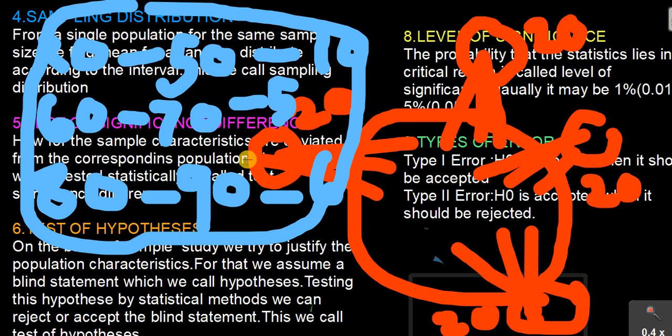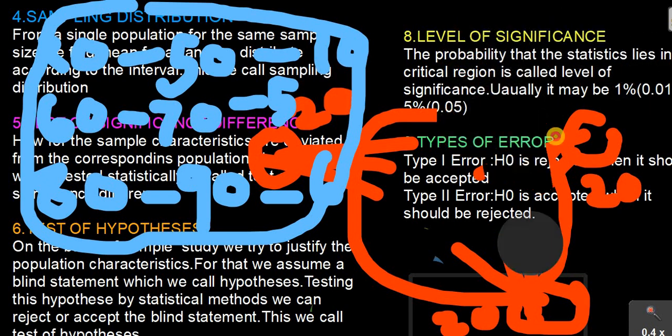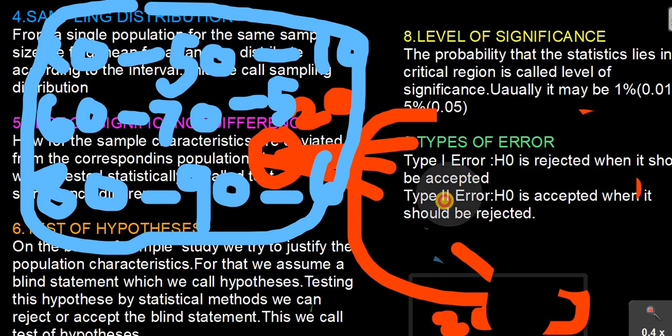So I repeat again: we take a single population, and from it we take different samples of the same size and find out the mean. A frequency distribution is made for those means.